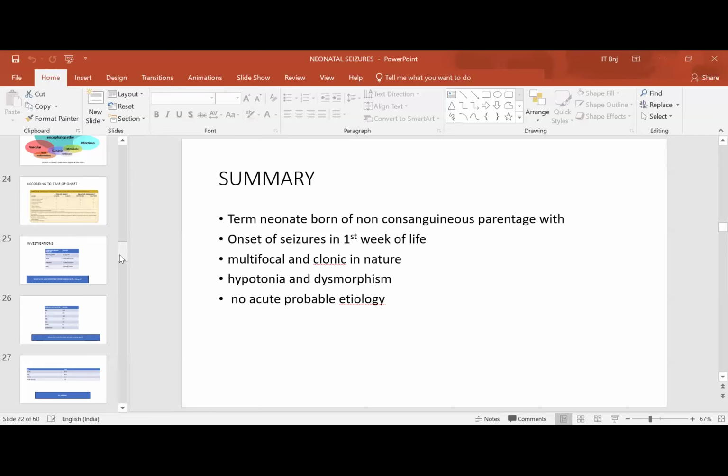Phenytoin also sodium channels. Phenobarbital. Levetiracetam. Okay, so just prepare a chart on all the mechanisms of medications.